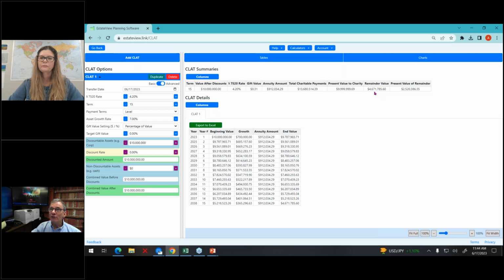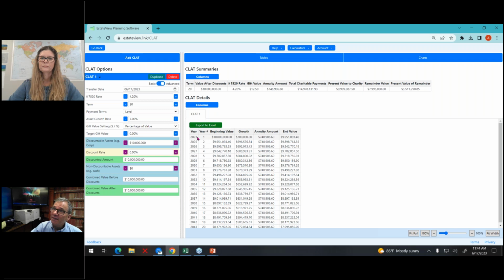But the present value of that 4.6 million is only 2.5 million, so it still cost me $1.2 million. So that is a 15-year CLAT. Let me go to 20 years. I would have to be 90 to get it back, but now the present value of my future income tax deduction is almost as much as what I get back, and that's a 20-year CLAT.